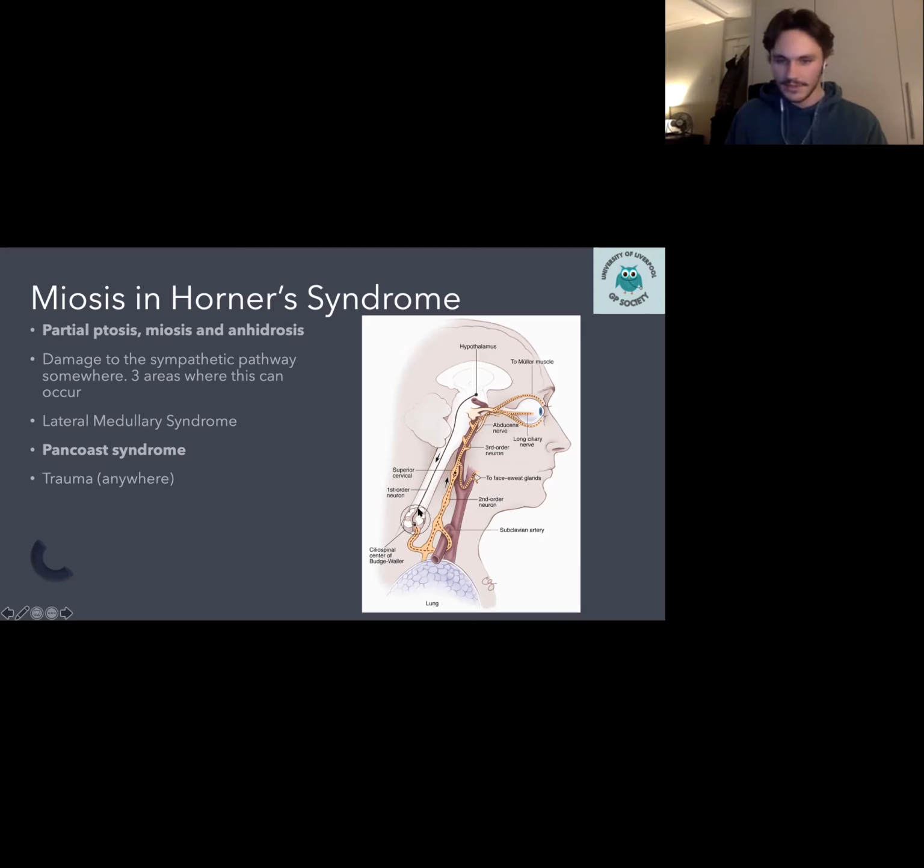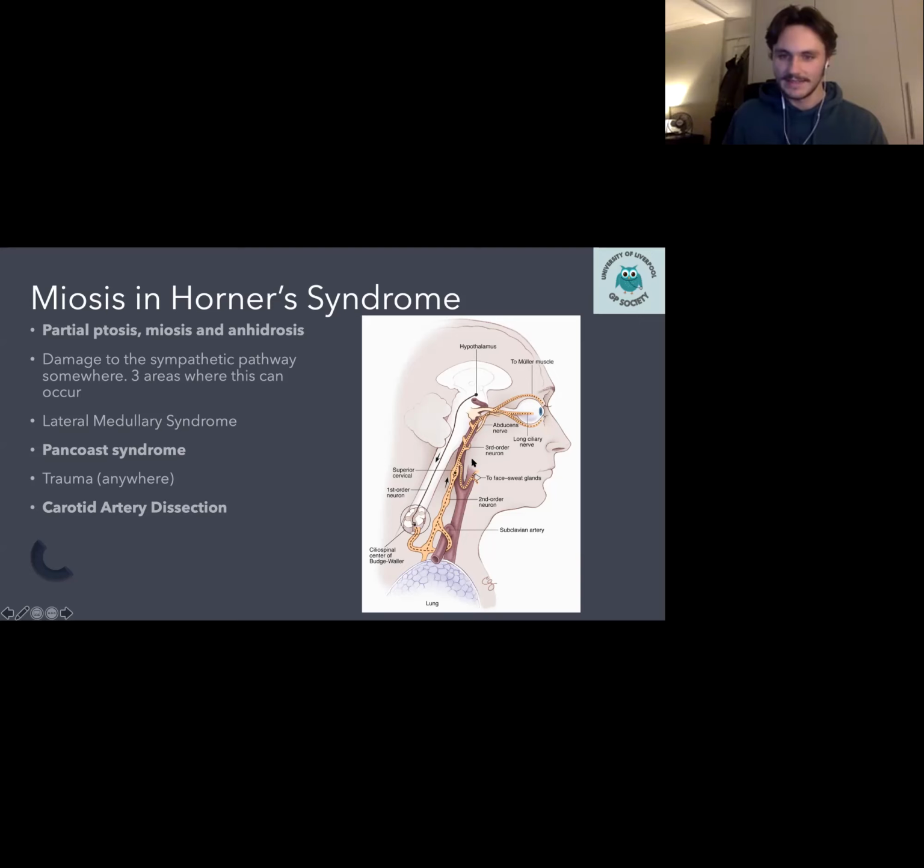Trauma anywhere can cause this. So, a lateral medullary syndrome or brainstem stroke. If you have neck surgery or thoracic surgery, that can cause that. Carotid artery dissection is the other one that I think is worth knowing. So if you have an acute onset Horner's syndrome associated with pain, that could well be a carotid artery dissection.